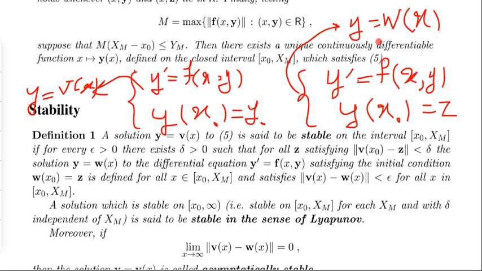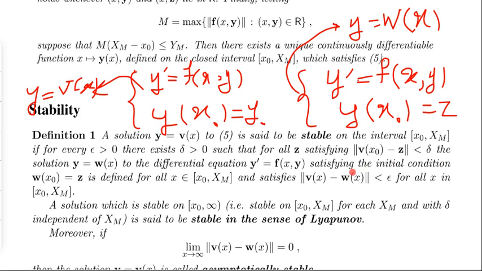This is the solution of this problem. This is the solution of this problem. Here we have a small change in our initial value satisfying this relation: y naught minus z, or v of x0 minus z, will be less than delta.